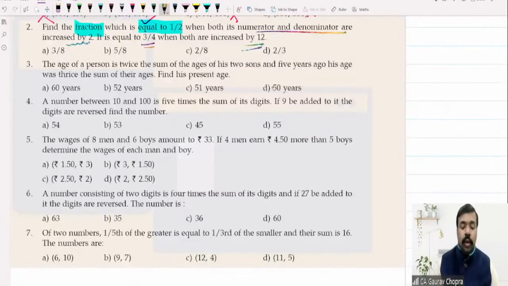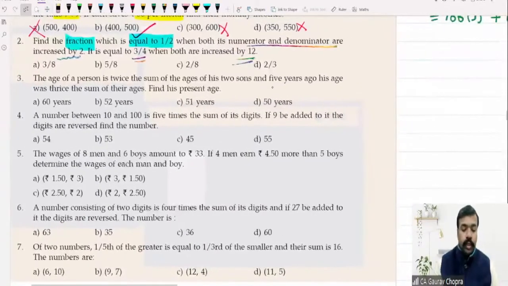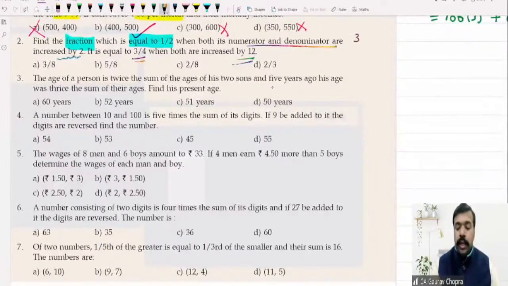So let's try on this option. The first option is 3/8. If we add 2, it becomes 5/10. Is this option correct or not? According to this, the first condition is getting satisfied. That means we are getting 1/2. But also check the second one.